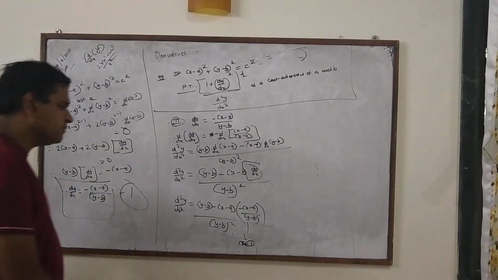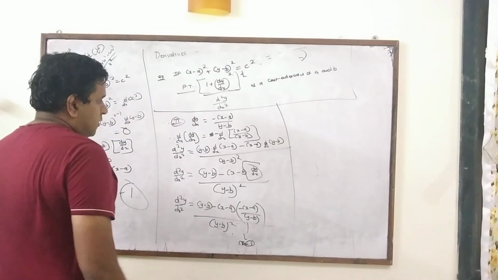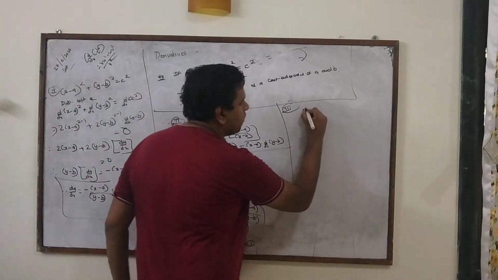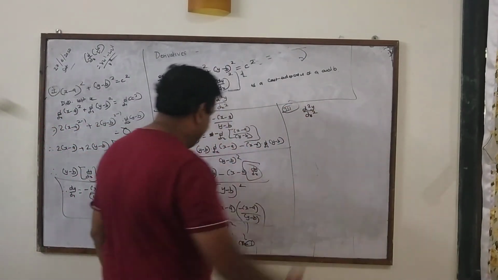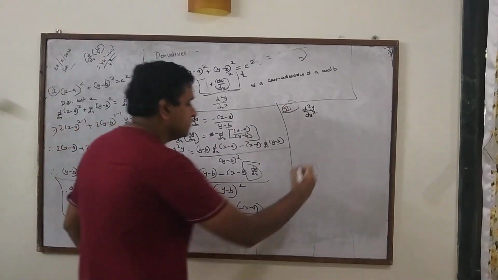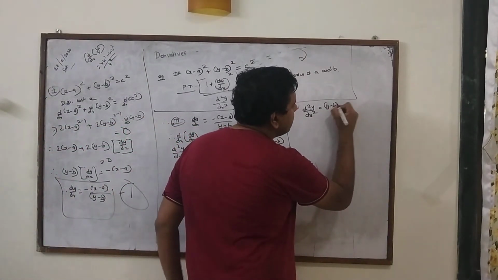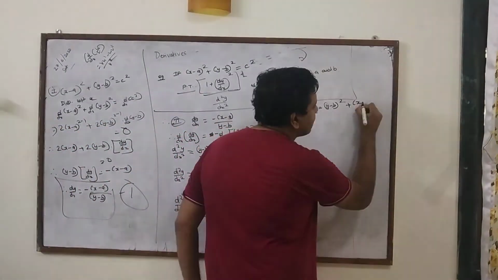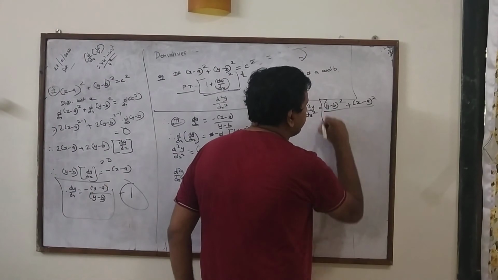If you rearrange, what happens with your d square y by dx square? D square y by dx square works out to (y minus b) the whole square in the numerator. Minus minus becomes plus, plus (x minus a) the whole square.